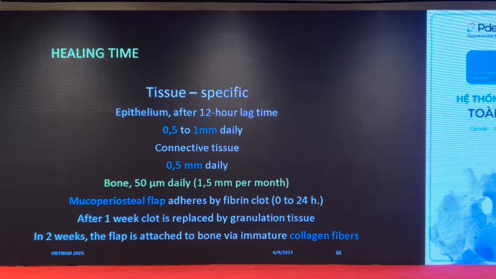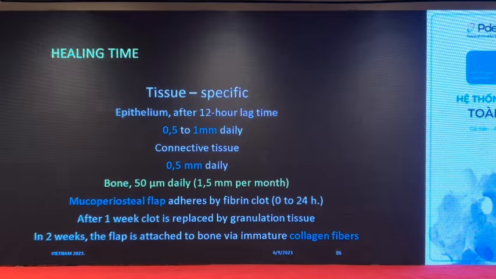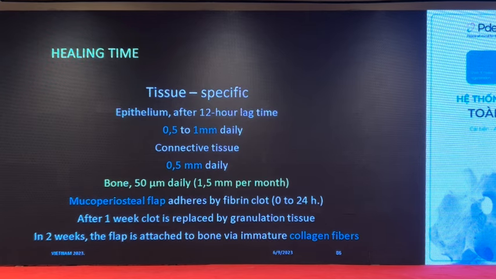The buccoperiosteal flap is stabilized by a fibrin clot in the first 24 hours. And this is one of the requisites for good bone healing. After 1 week, the clot is replaced by granulation tissue, and in 2 weeks, the flap will be attached to the bone via immature collagen fibers.